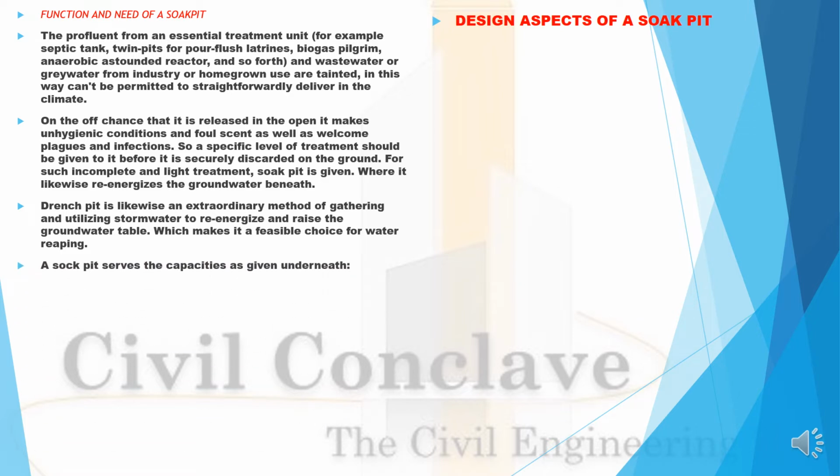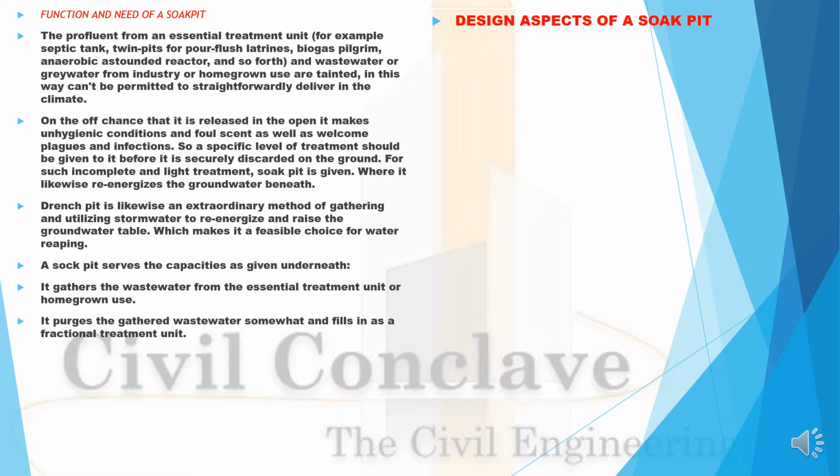A soak pit serves the following things. It collects the wastewater from the primary treatment unit or a home, that is the kitchen, toilet, etc. It purifies the collected wastewater somewhat and serves as a partial treatment unit.